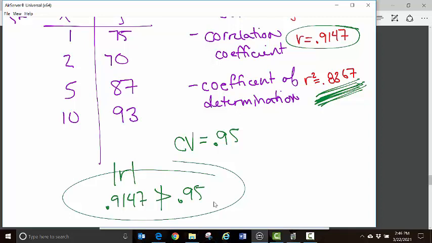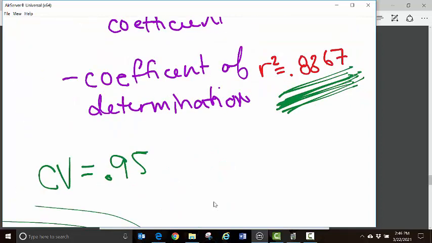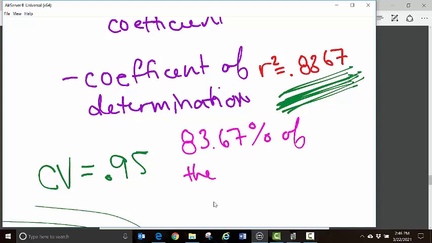Okay. And then for the other one, what I was looking for was that 83.67% of the change in test scores can be explained by the least squared regression line. Now, I actually preferred that I prefer it to say 87.6% of the change in test scores can be explained by how much you study.